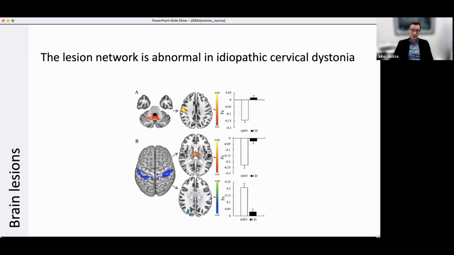And that is indeed what seemed to be the case. Both of the main network hubs were highly abnormally connected. Basically, the normal connections from these regions to other locations in the brain were disrupted in cervical dystonia patients, indicating that these findings may be relevant across etiologies of cervical dystonia.